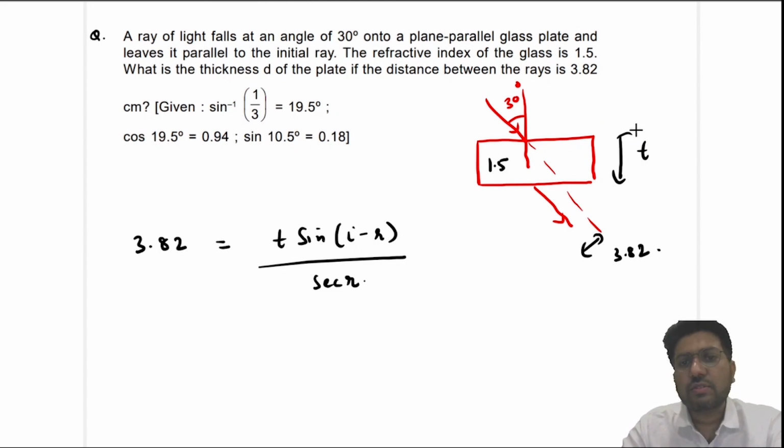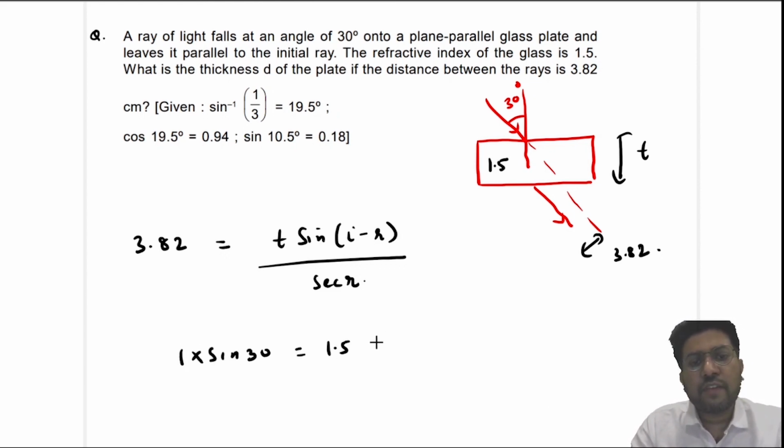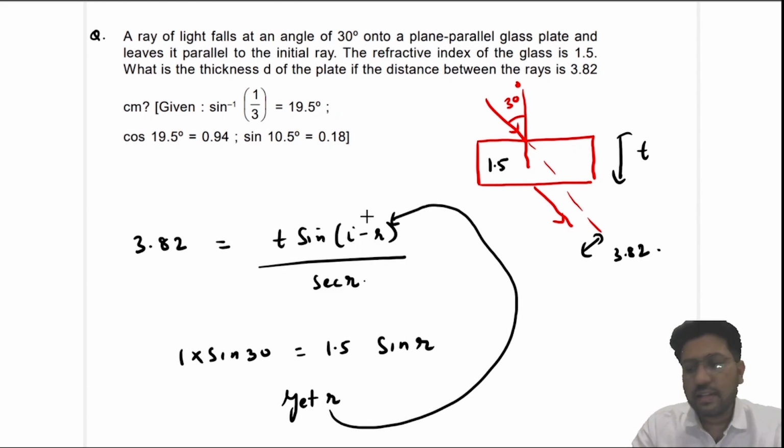They have given you i and r. How? You will use this relation, 1 into sin 30 is equal to 1.5 into sin r. From this you will get the value of r, and once you get r, you put it here and you will get the answer. Sorry, this was not sec r, it was cos r. So you can use the given data.